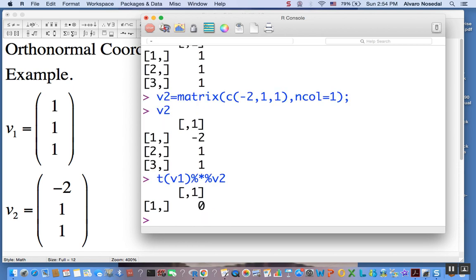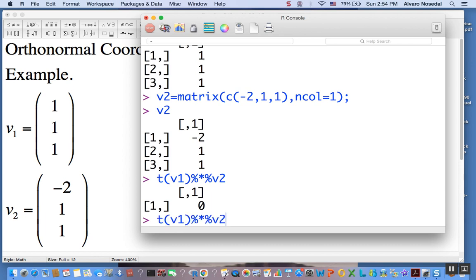So 0. And as we said, the definition of the Euclidean inner product between these two guys would be 1 times negative 2 plus 1 times 1 plus 1 times 1, and yeah, it gives 0.